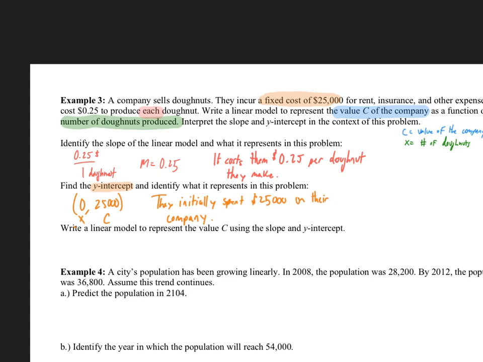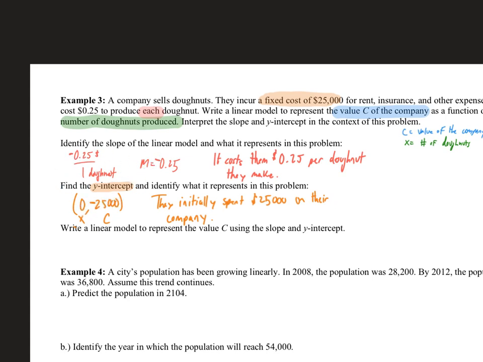Well, it says spend, right? That makes sense. That should be a negative money amount, I was thinking there. And then they're spending money on donuts too. I'm sorry, guys. That should be costs, right? Those should be negative values there. So these are all things they're spending out.